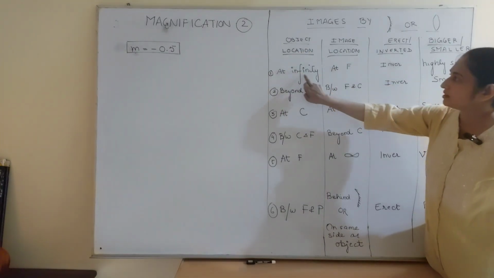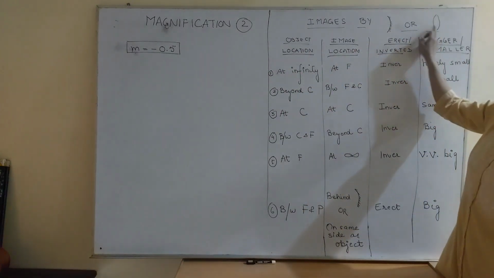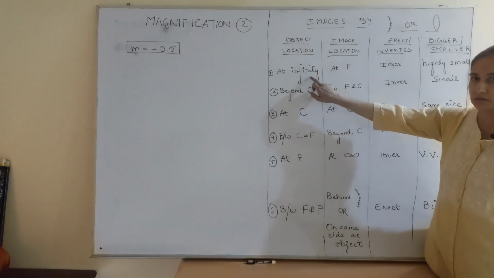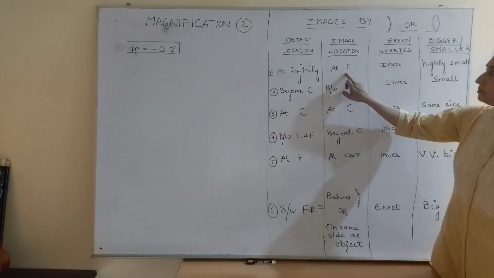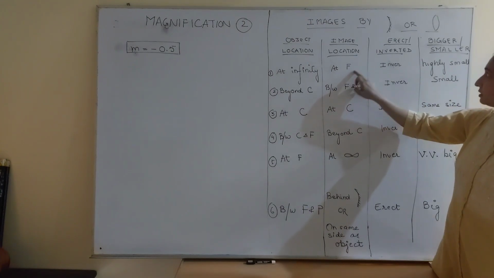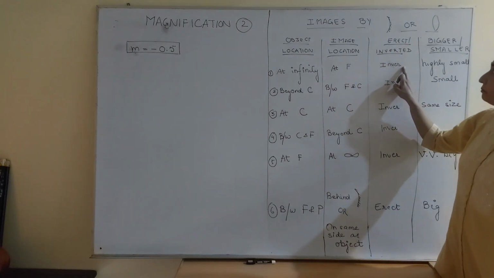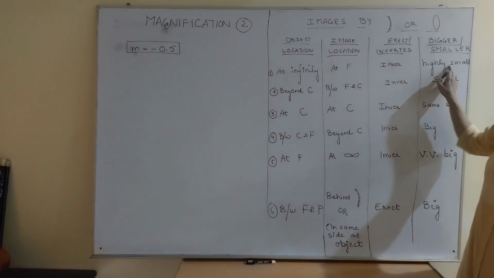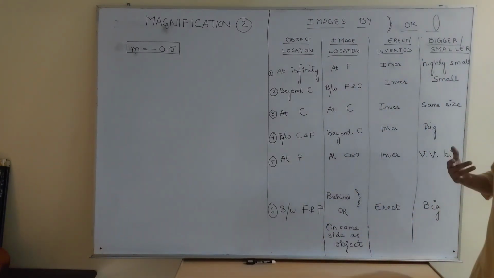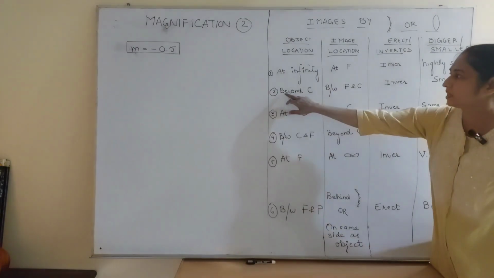If the object is at infinity, in either of the 2 cases, remember, put some pressure on your brain, the image is formed at focus. The image is inverted, and it is highly small, highly diminished. Okay, let's take another example.